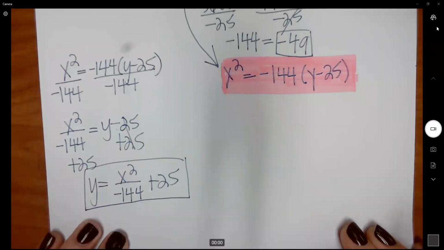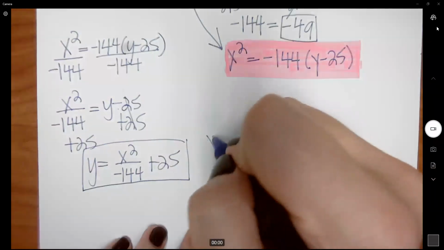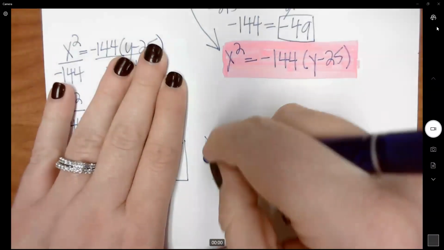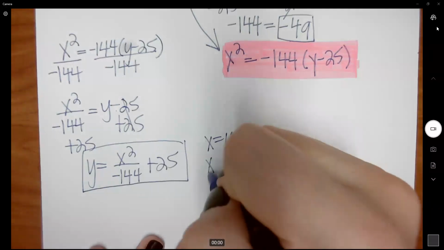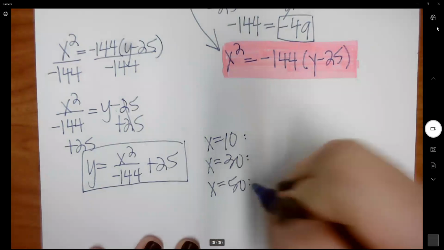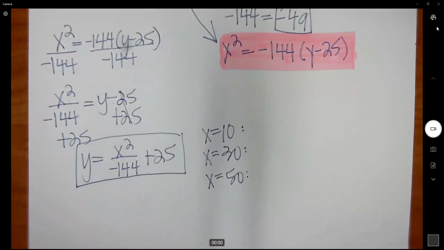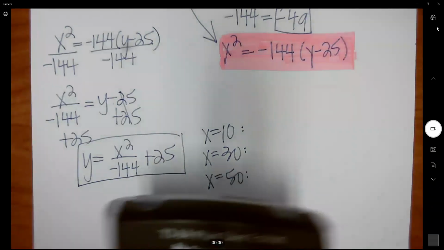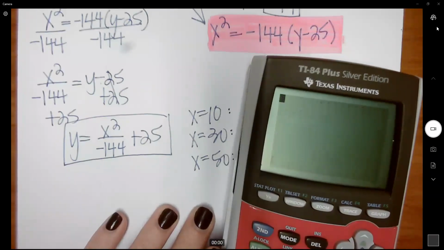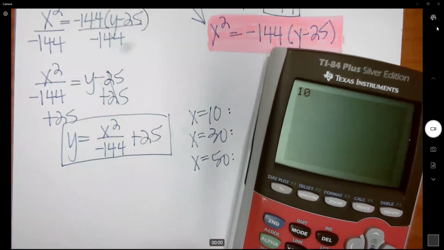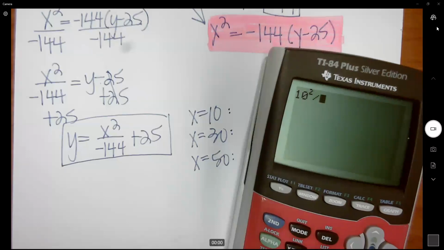So now take this and replace this x with 10, with 30, and with 50. So calculator work. So let's see, we have 10 squared divided by negative 144 plus 25.